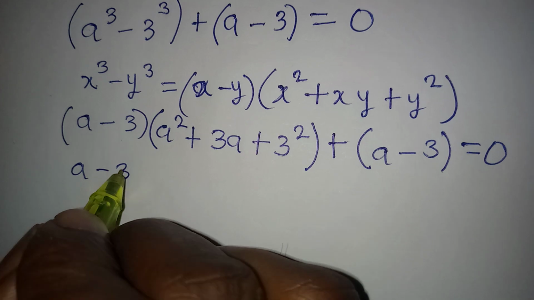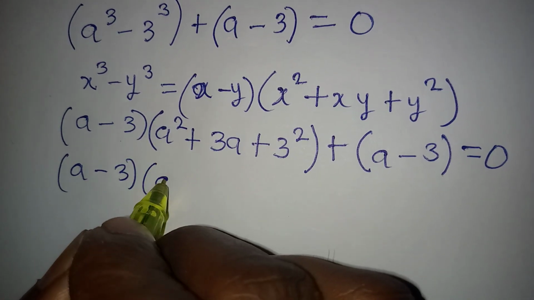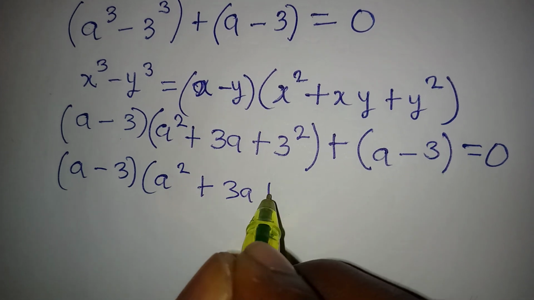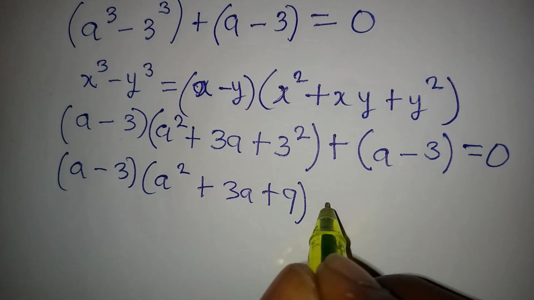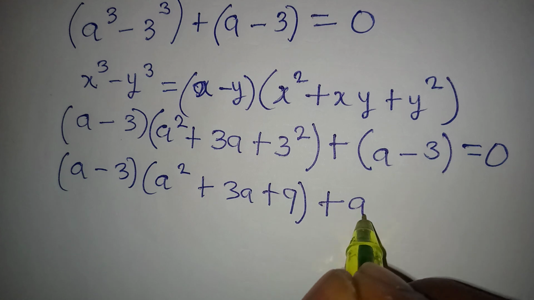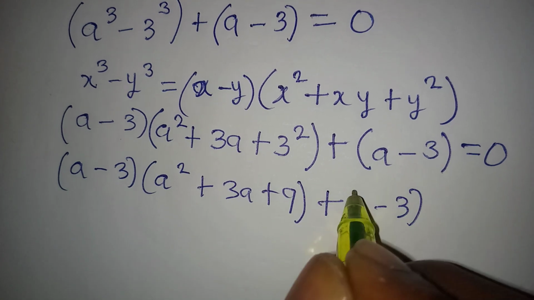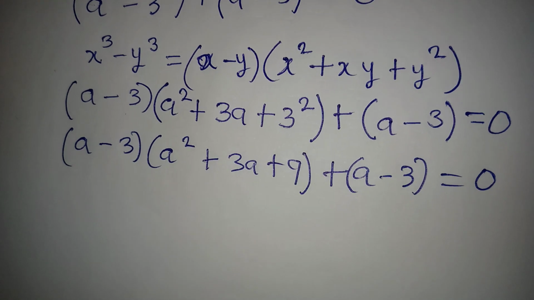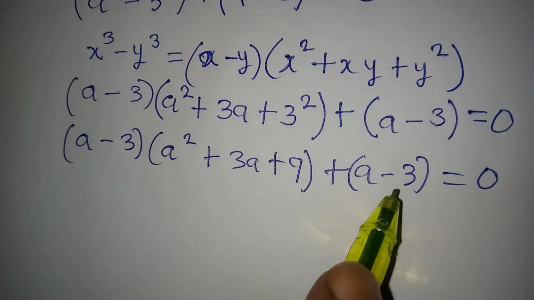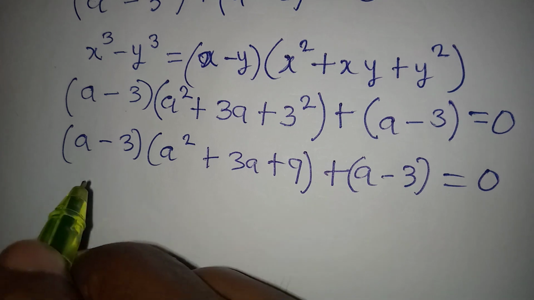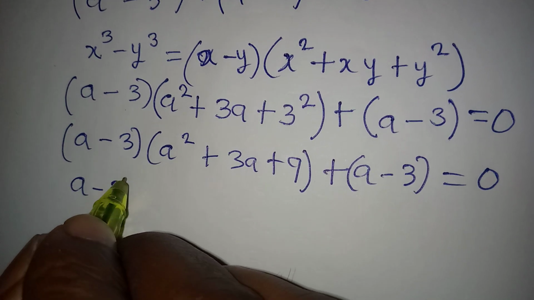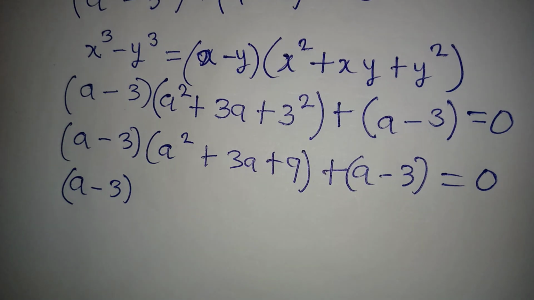A minus 3 into a squared plus 3a plus 9, then plus a minus 3 is equal to 0. And as it is, we have a minus 3 as a common factor. So let's factor it out. A minus 3 is factorized out.